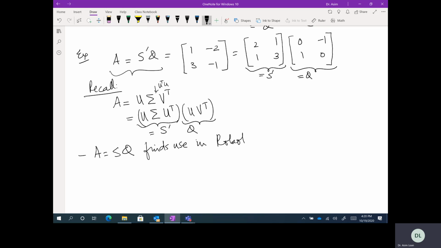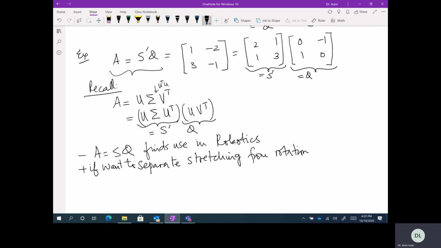It finds use in robotics, where we want to separate stretching from rotation.